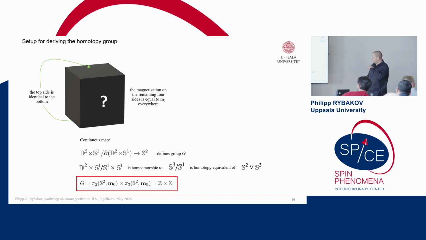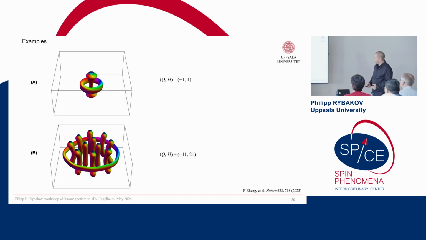Making a long story short, we can compute this group precisely through certain tricks from algebraic topology. And the group turns out to be Z cross Z, so it's a set of 2 integers. This is an abelian group of quadratic growth, which is actually very unusual for magnetism.